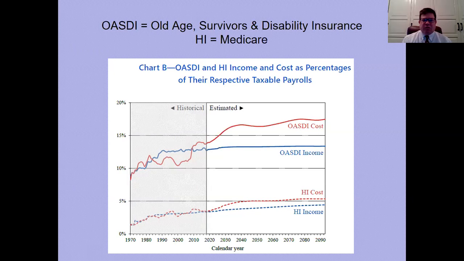As we look forward to the future, you're going to see that there has essentially been a period of time, particularly for Social Security, in the 1980s, when more revenue was being taken in than it was costing. That was because Congress and the Reagan administration in the early 80s realized that the baby boom was going to cause a big problem for paying out Social Security.